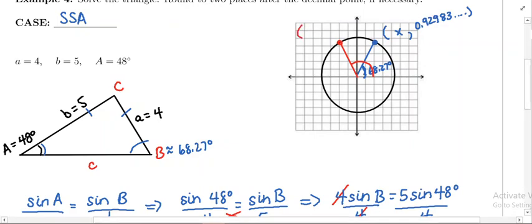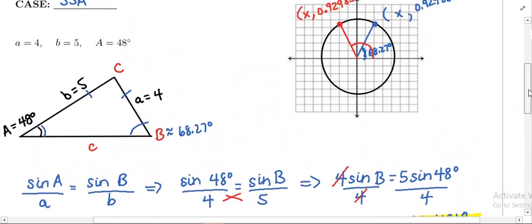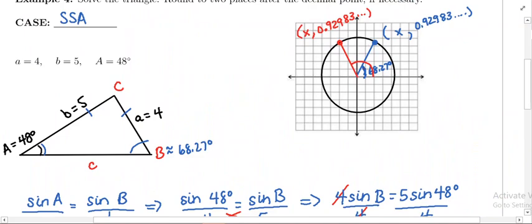For this red dot, we don't know the x value, but it's at the same height as the blue dot, so it has the same y coordinate and the same sine value. So the blue angle works, but so does this red angle. That opens us up to a second possibility for angle B, because the sine of B has to be 0.92 blah blah blah.